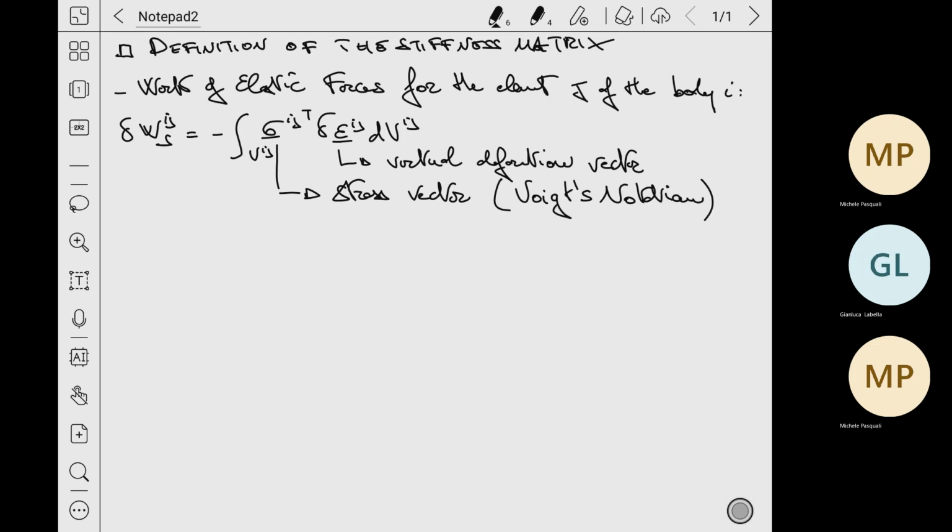Okay, so we introduce the constitutive relationship, which we usually call Hooke's law.